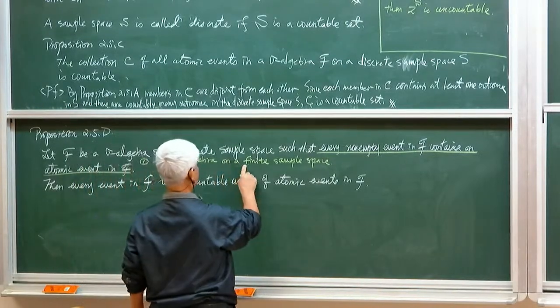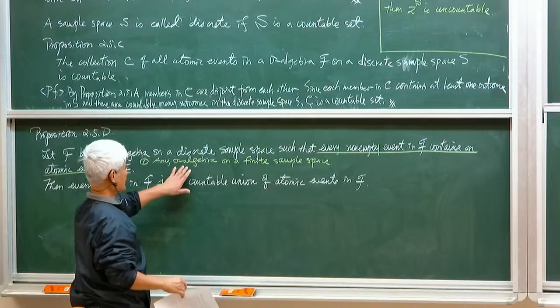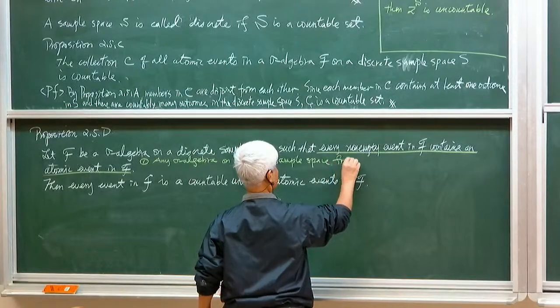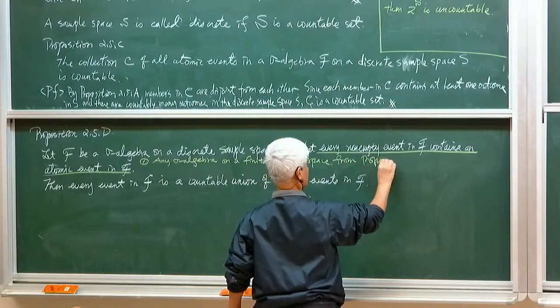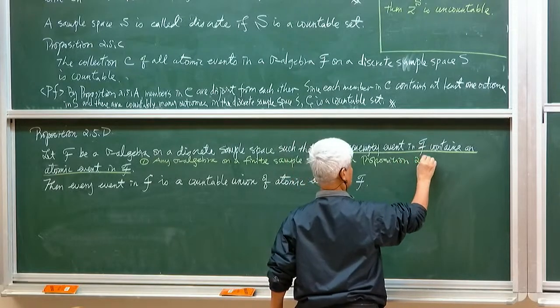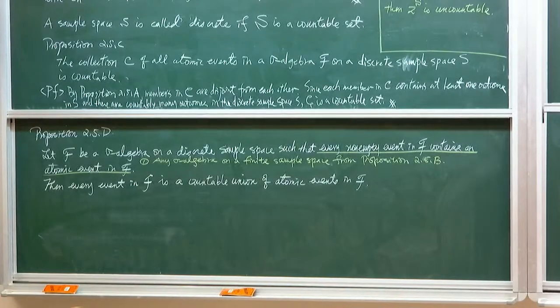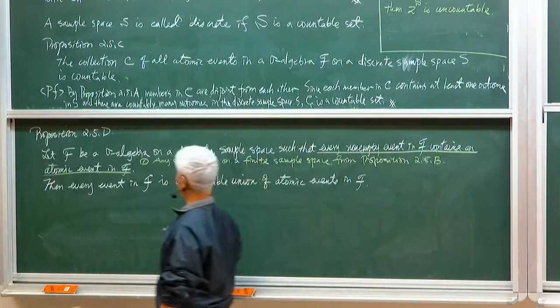But for a finite sample space, any sigma algebra works, from proposition 2.5.b, because in this proposition we have shown that any sigma algebra on a finite sample space has every non-empty event containing an atomic event. So in this case, it's okay.